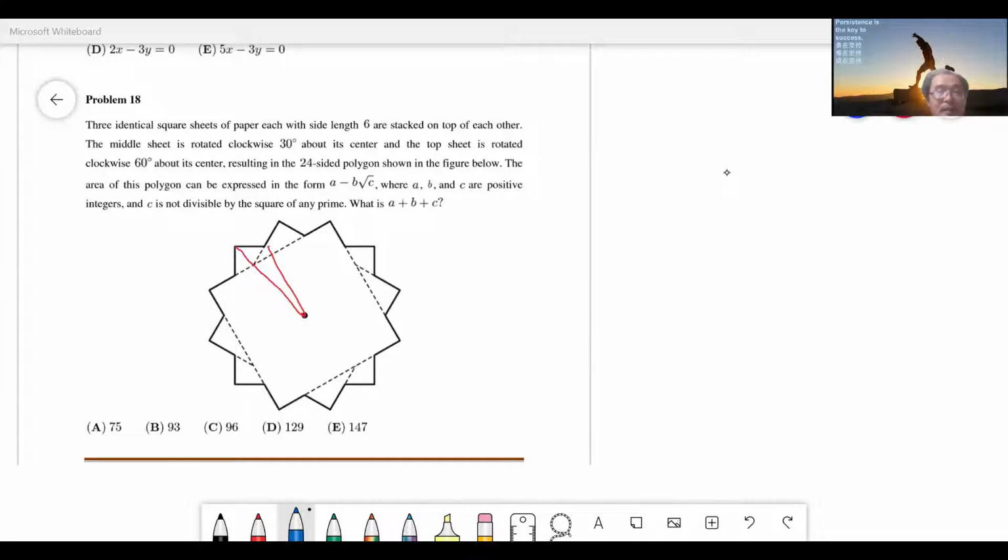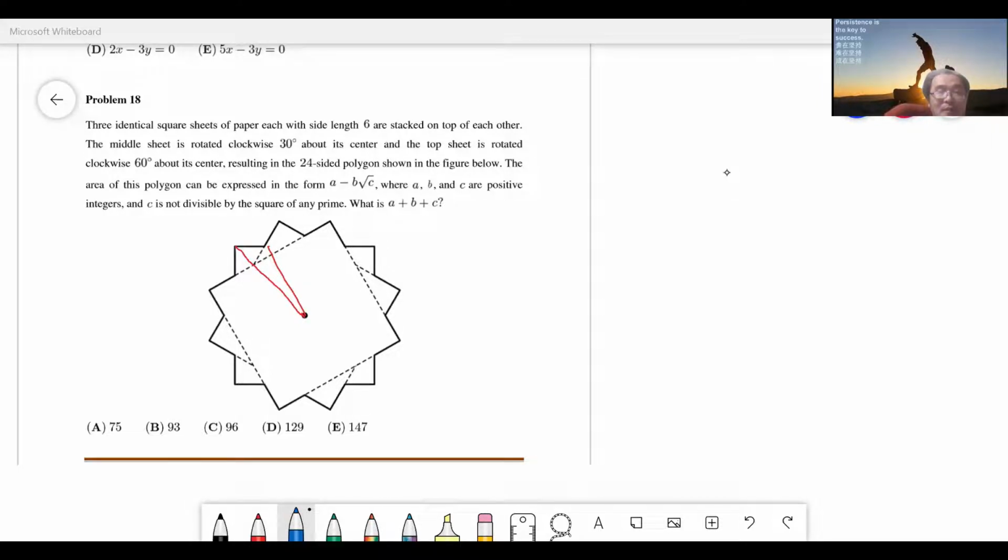Question number 18. 3 identical square sheets of paper, each with side length 6, are stacked on top of each other. The middle sheet is rotated clockwise 30 degrees about its center, and the top sheet is rotated clockwise 60 degrees about its center, resulting in the 24-sided polygon shown in the figure below.